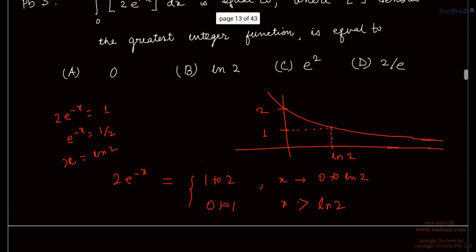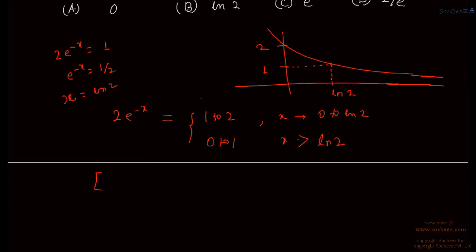So therefore the greatest integer of 2 e to the power minus x will be 1 when x is between 0 and ln 2. Okay, at 0 the value is actually 2, so let us write it like that, and it is 0 when x is greater than ln 2, right?